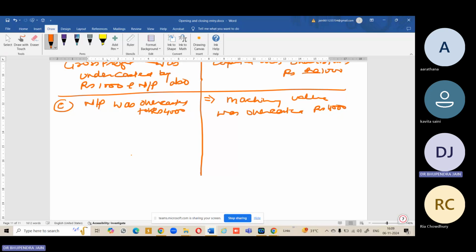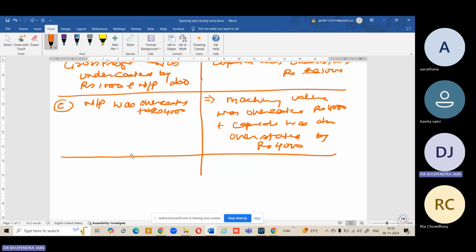So your machinery value is overcosted, overstated, and also capital was overstated by rupees 4,000. Your machinery value is overstated, and in the same way the capital value was also overcosted.